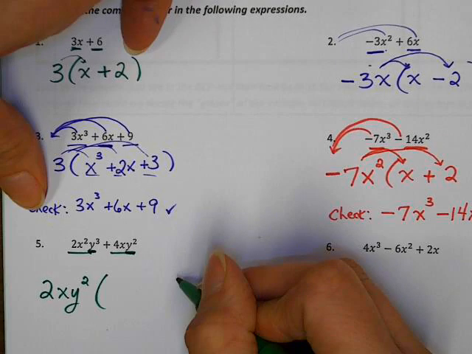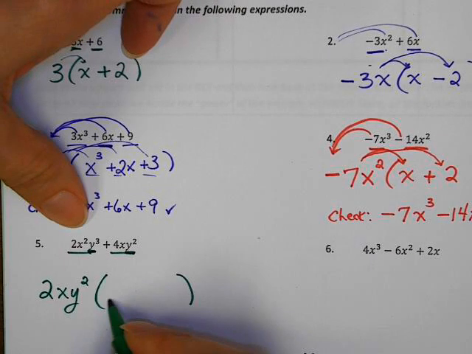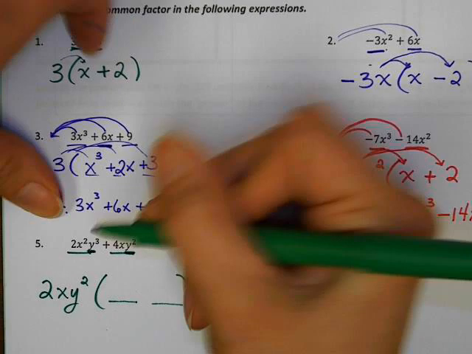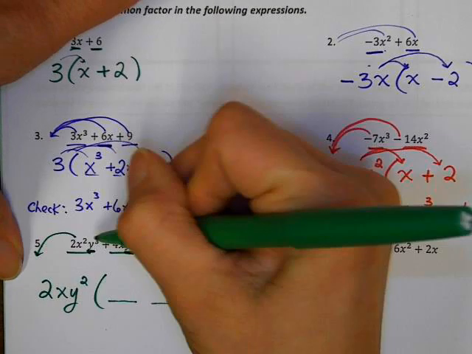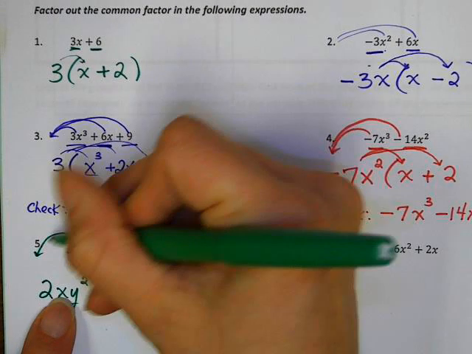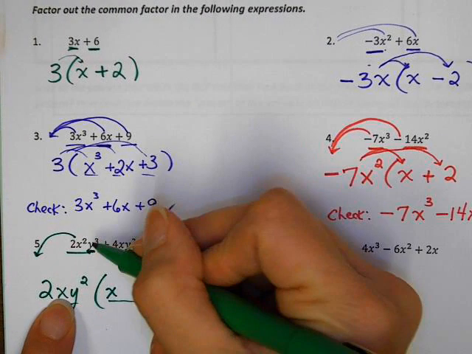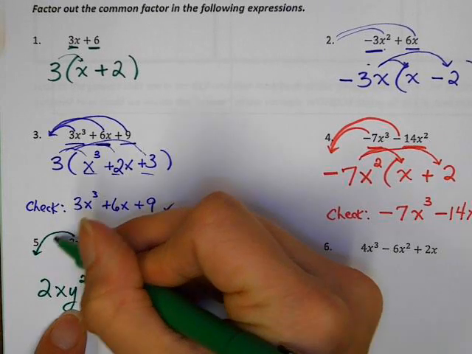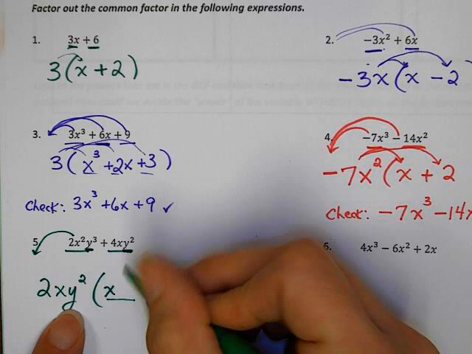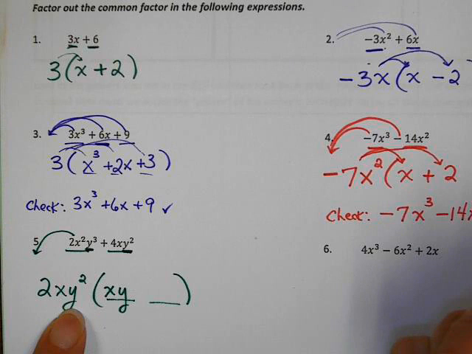All right, parentheses. If there's 2 terms, we're going to get a 2-term binomial here. He had a 2, I took it out. He had 2 x's. I took 1 x out. That leaves us with 1 x. There were 3 y's. I took 2 of them out. That gives him just 1 y left.